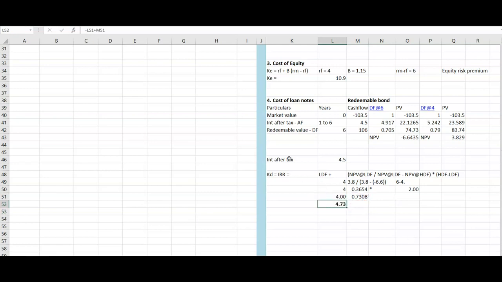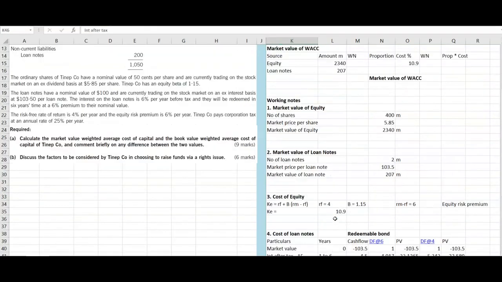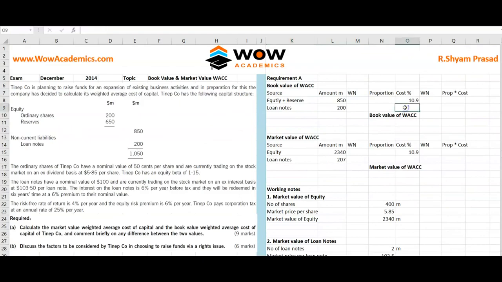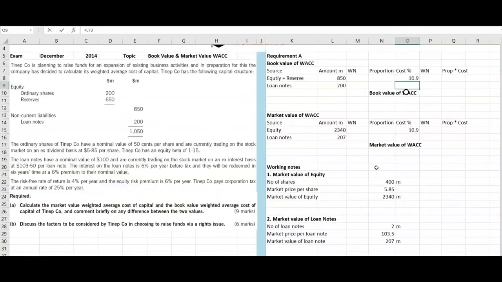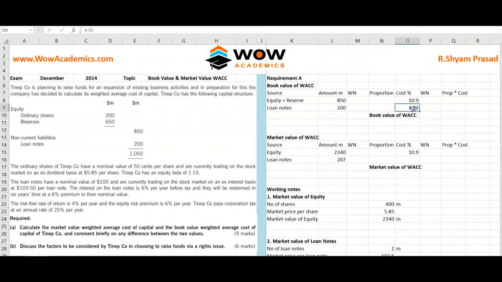So now, as we have got our KD, it's quite simple. We can take this 4.7 to our table. So this is 4.73, I think that's what we got. Yes, so we can take that number. From here on, it's very simple multiplications.